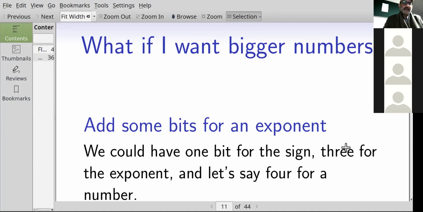But then you'd say, well, no, I want to get some really big numbers. So then you might say, let's do it this way. We're going to have 1 bit for the sign, 3 bits for the exponent, and, say, 4 bits for the number.